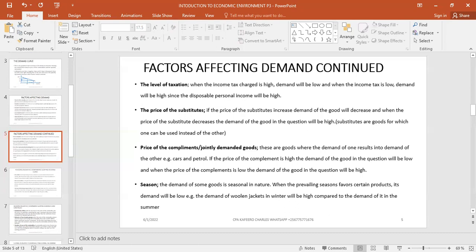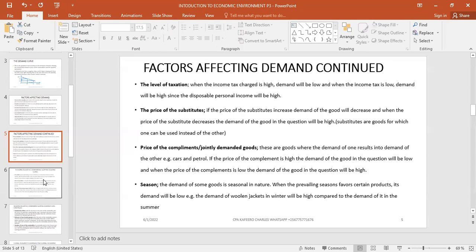So you give as many as you can, but when you're explaining something, make sure you don't just say high and low. Let's say if the income tax is high, we expect the demand to be low, and you stop there. No, you have to at least give a reason. What causes that?